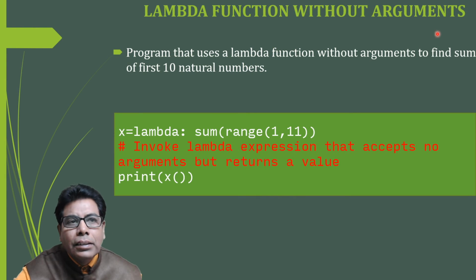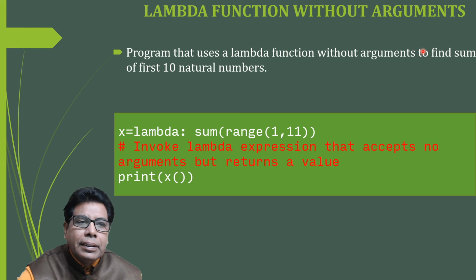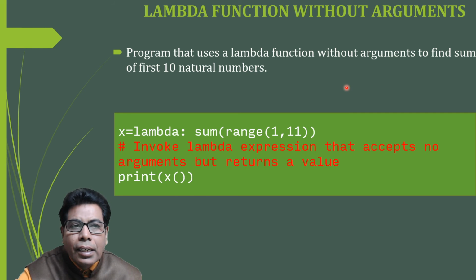Now let us see the lambda function without arguments. So here we have the program that uses a lambda function without arguments to find the sum of the first 10 natural numbers. So here we have defined a variable x, and the lambda function is assigned to this variable x, and then there is no argument passed to the lambda function, and then we have the colon, and this is the expression.